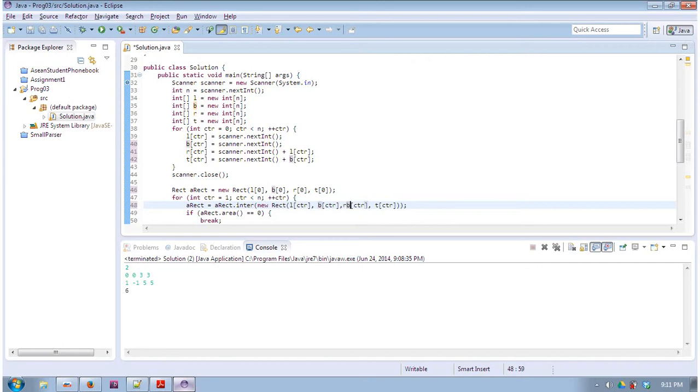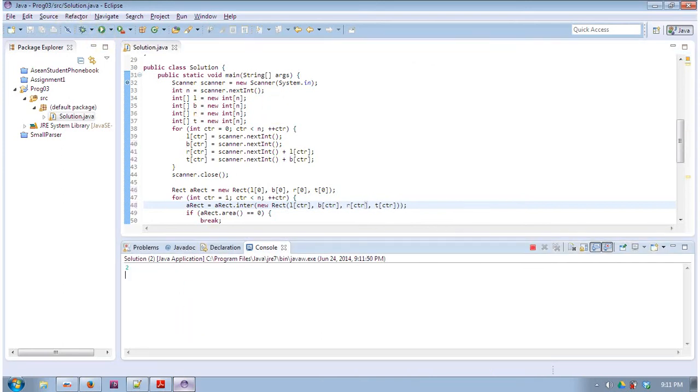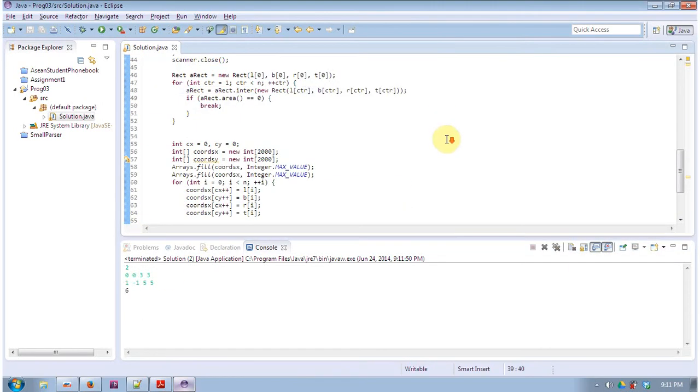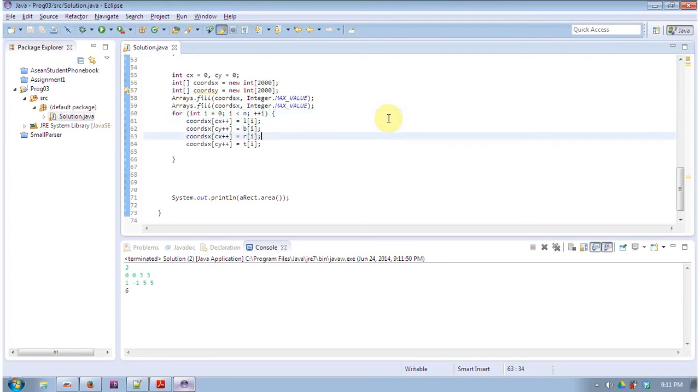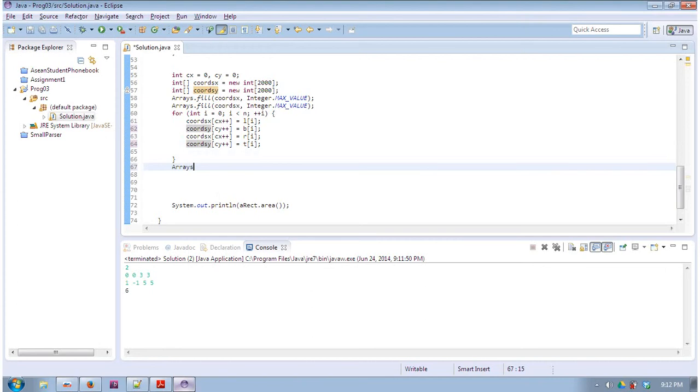Okay. Are the values still intact? Seems to be. So next we have coords x, y, x, y. Right, and then next we have to sort it.